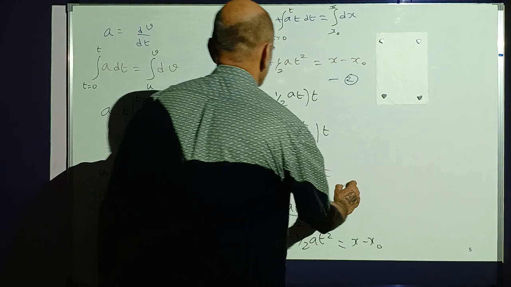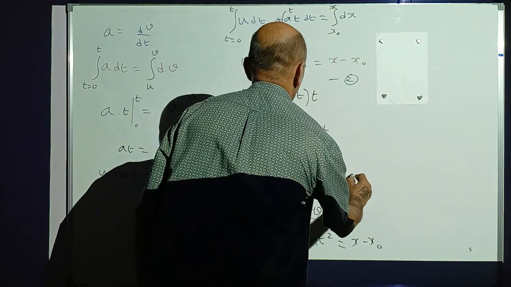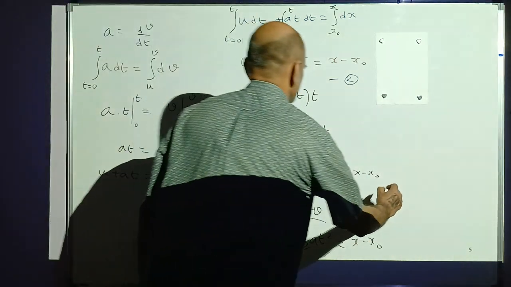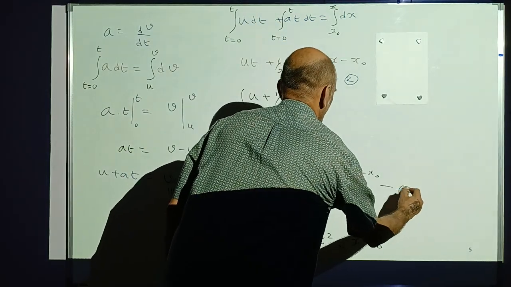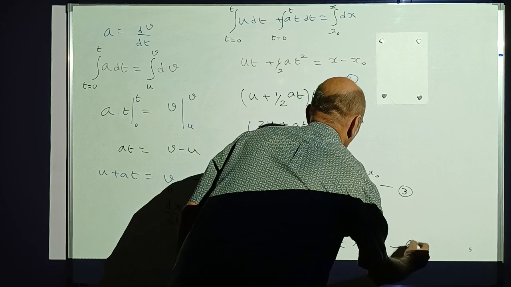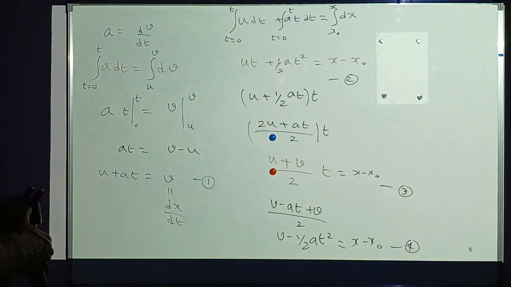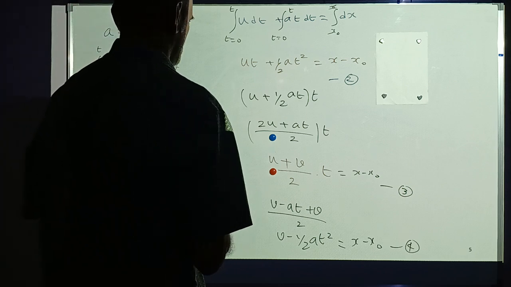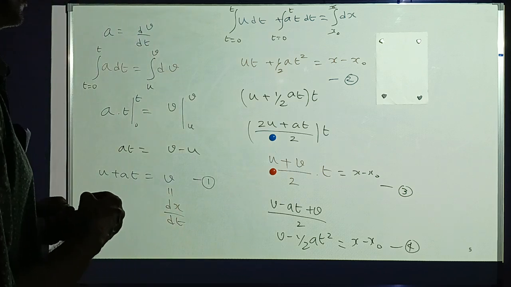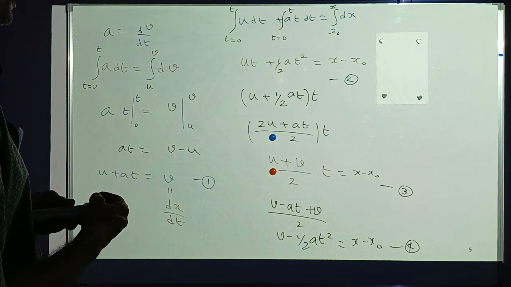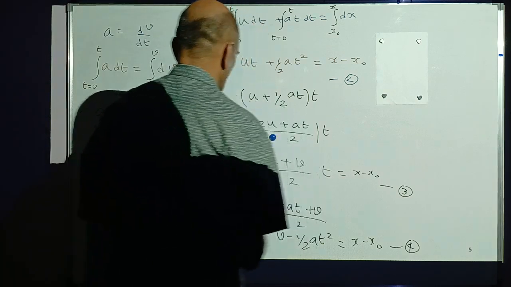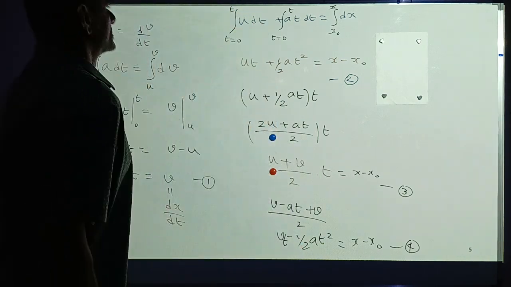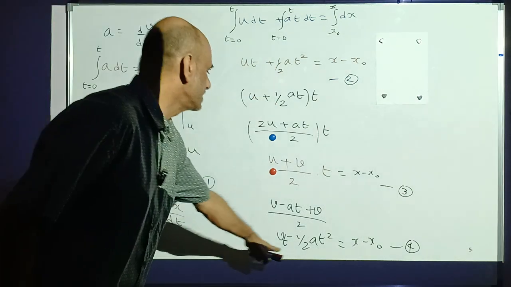So this I can call third equation of motion, and this is fourth. Here there is a t here, so it will be vt. So displacement is ut plus half at square, and also vt minus half at square.